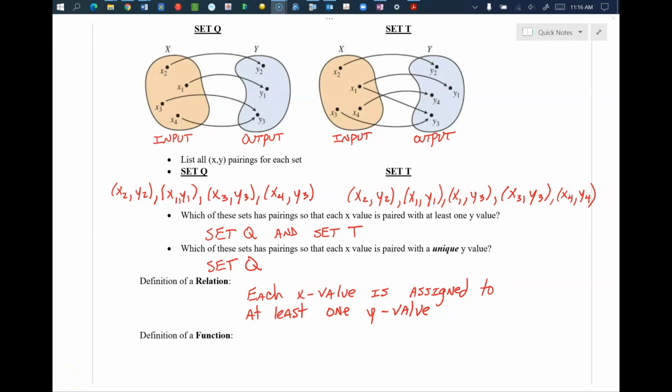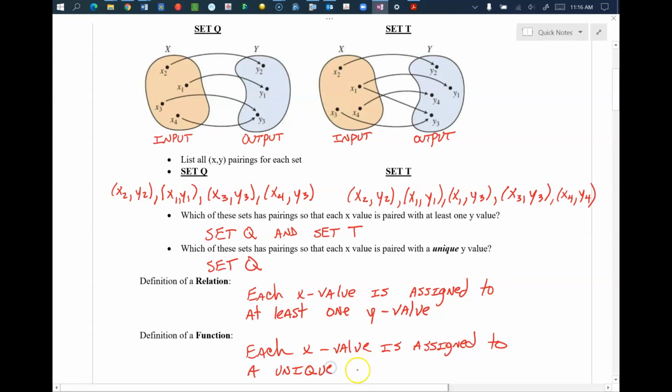On the other hand, if we have a set like set Q where each X value is assigned to a unique Y value, we call that a function.